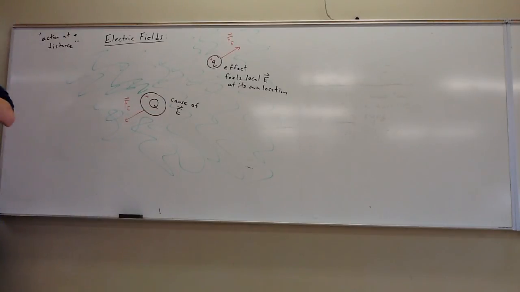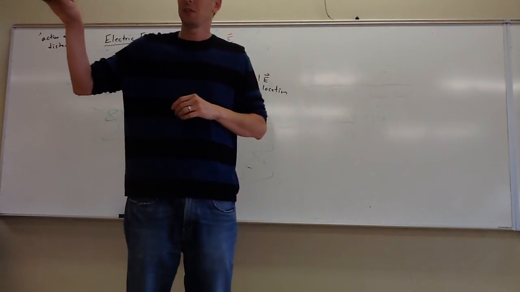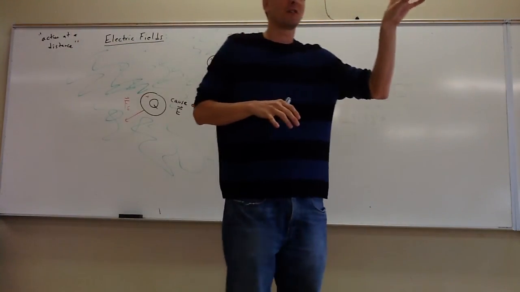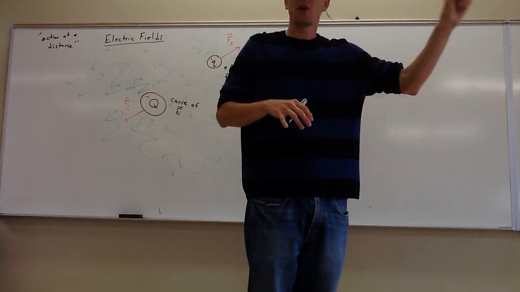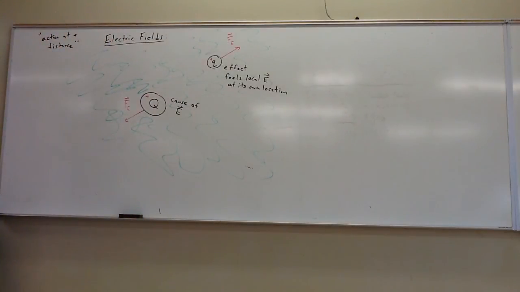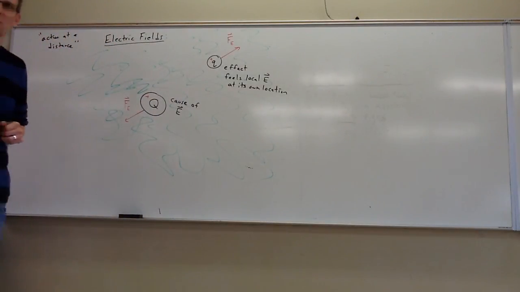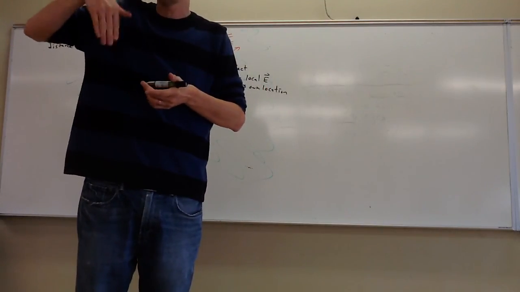So it's always a mutual thing, right? We say that any charge can make a field of its own, and any other charge can feel an effect from that field, and that charge itself also makes a field, right? So the only place where you can get in trouble is where you have a charge that makes a field and then also feels that field back on itself.